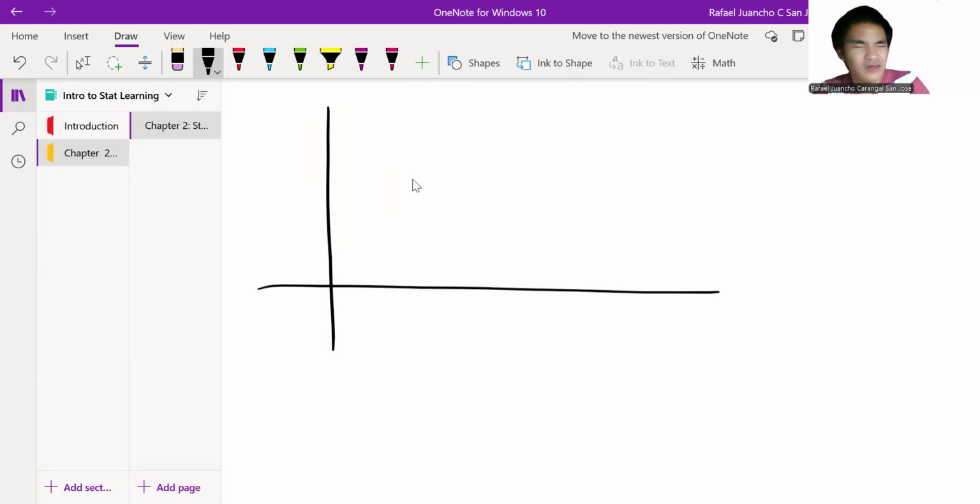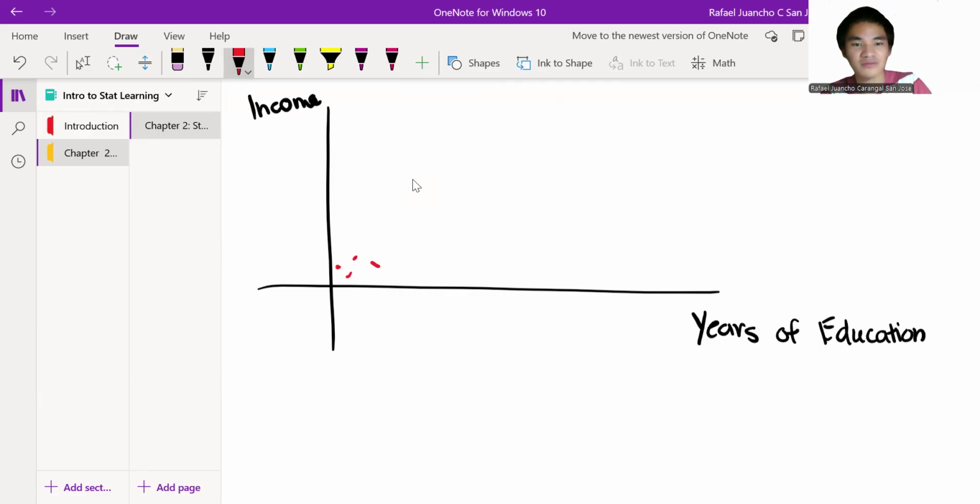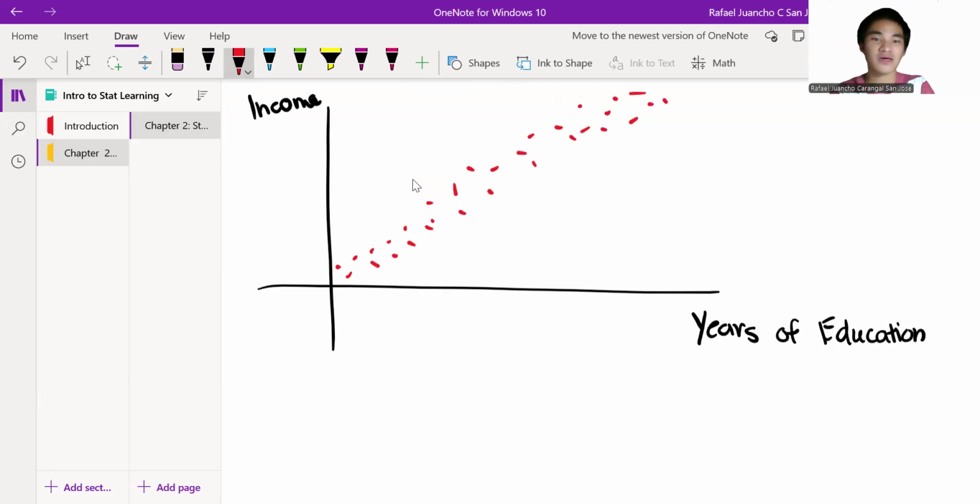I think it was the years of education, so that's this axis. Then here we had the income. Then we have some data points, right? These are the data points. Assume this is 30, I don't know.